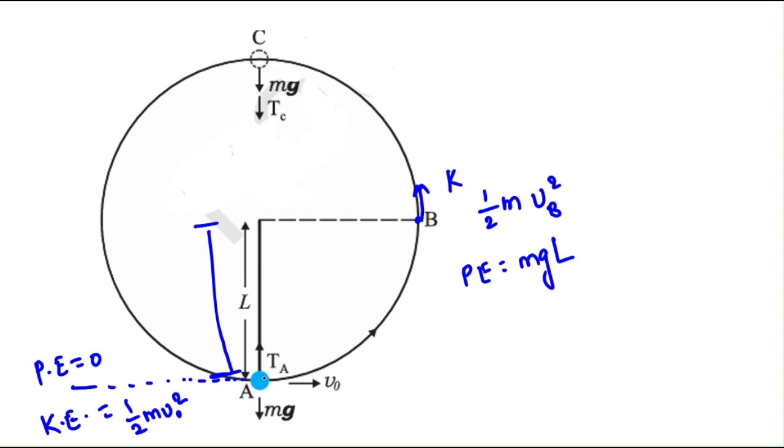So this bob is going up to height L, no matter which path it takes, it will have mgL as potential energy increase.